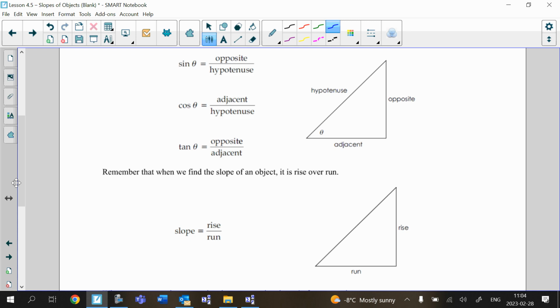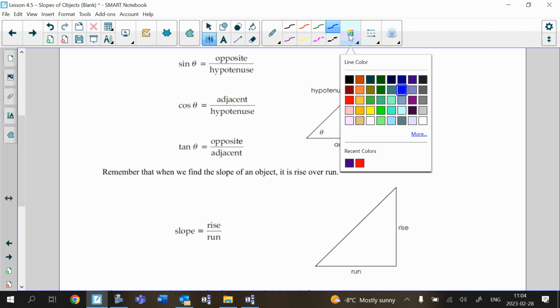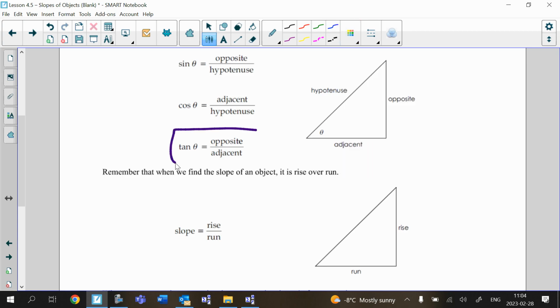We're going to focus on tan or tangent, because the tangent of an angle is always the measure of its opposite side over the adjacent side, which we've just been talking about as rise over run.